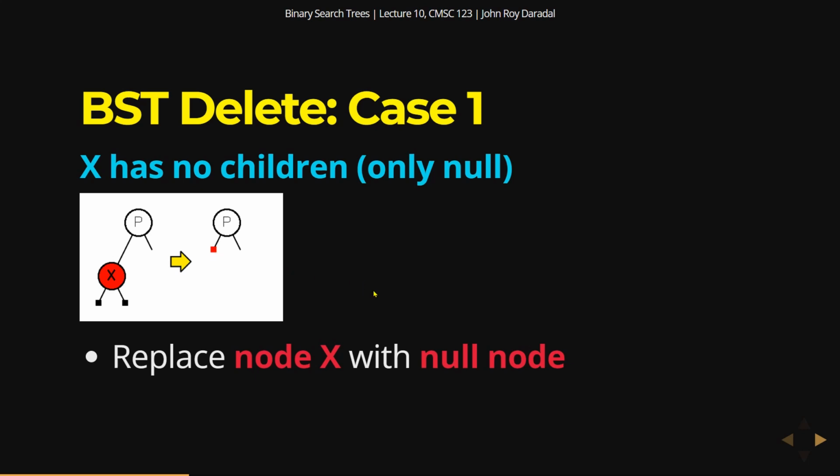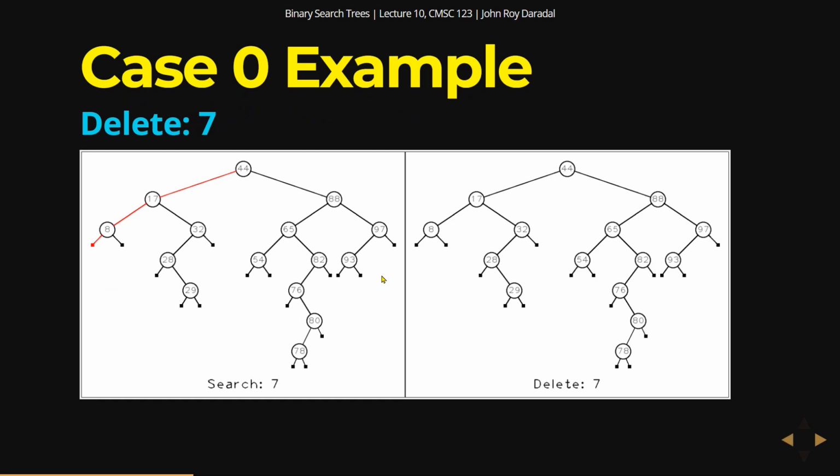Okay, so pretty simple. So an example of that is if we delete... this one is when we don't find 7. Okay, so if we don't find 7, the search will end in the null node here, so we know that 7 does not exist, so there's nothing to delete, so the tree remains the same.